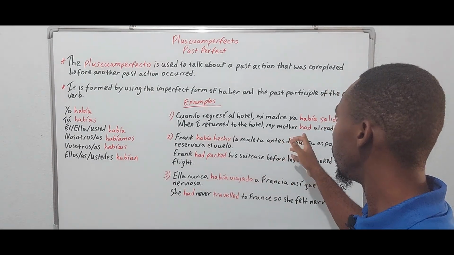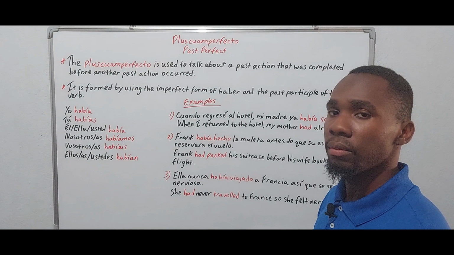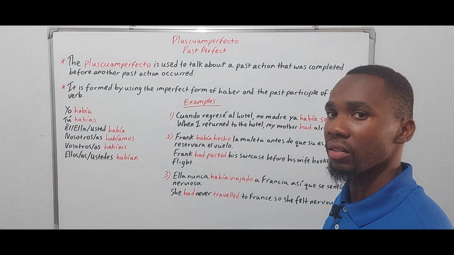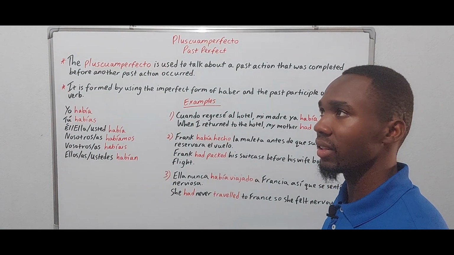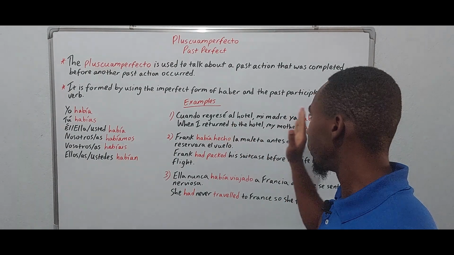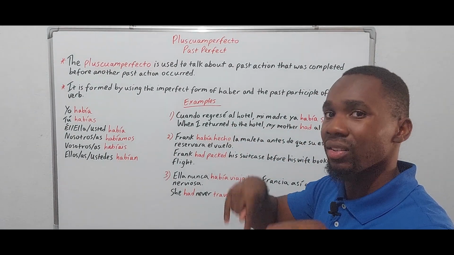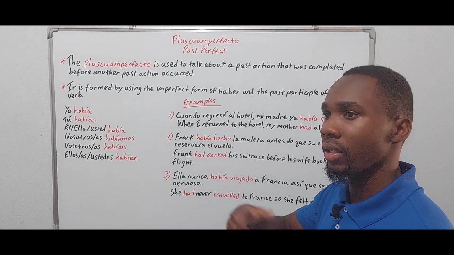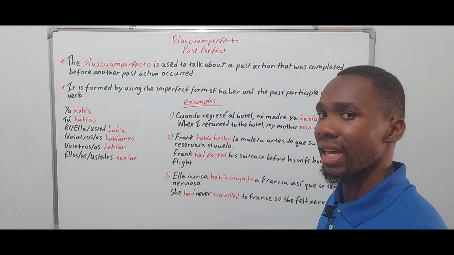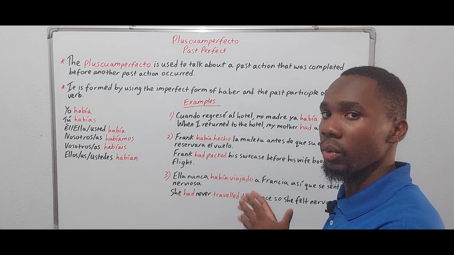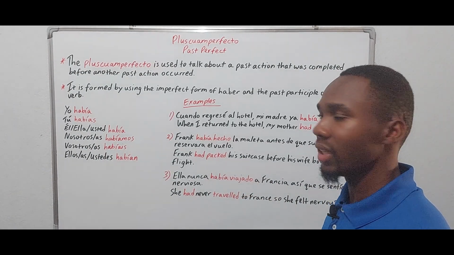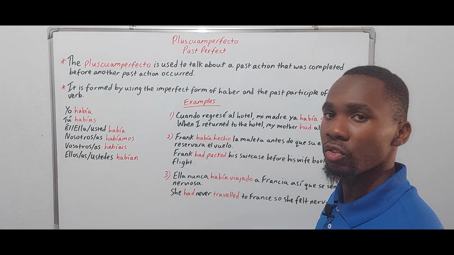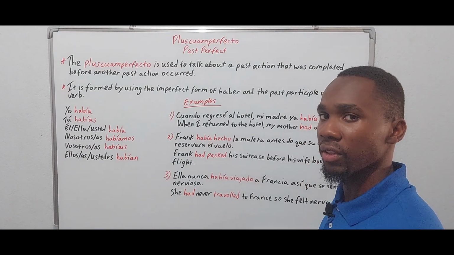I could not use the preterite there because then that would suggest that my mother left once I returned. So she only left when I returned to the hotel. That's not the meaning we want to convey. We want to say that occurred first. So we use the past perfect there.